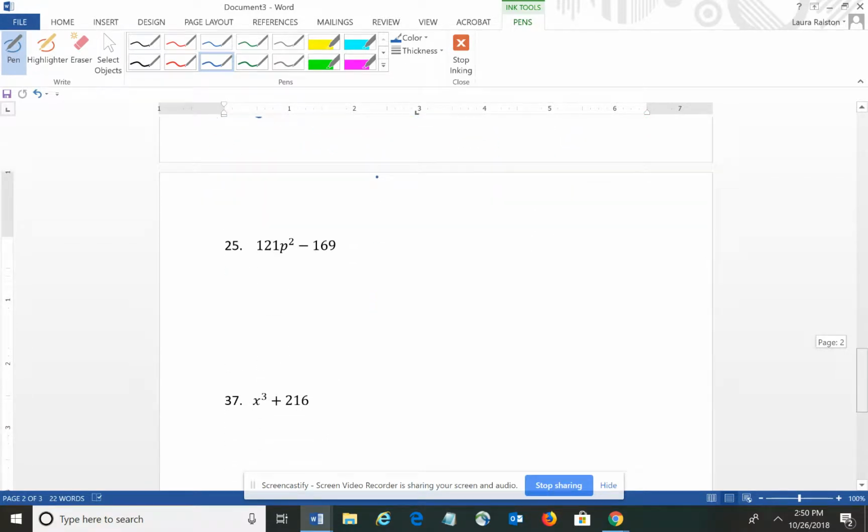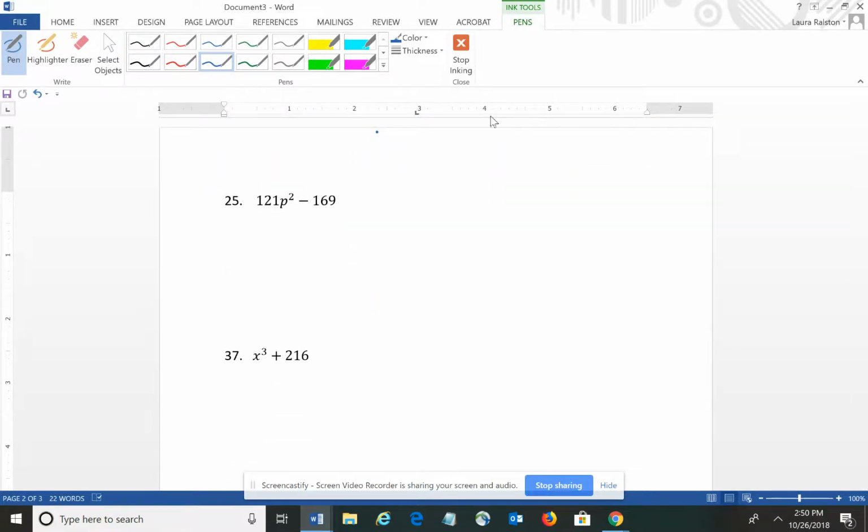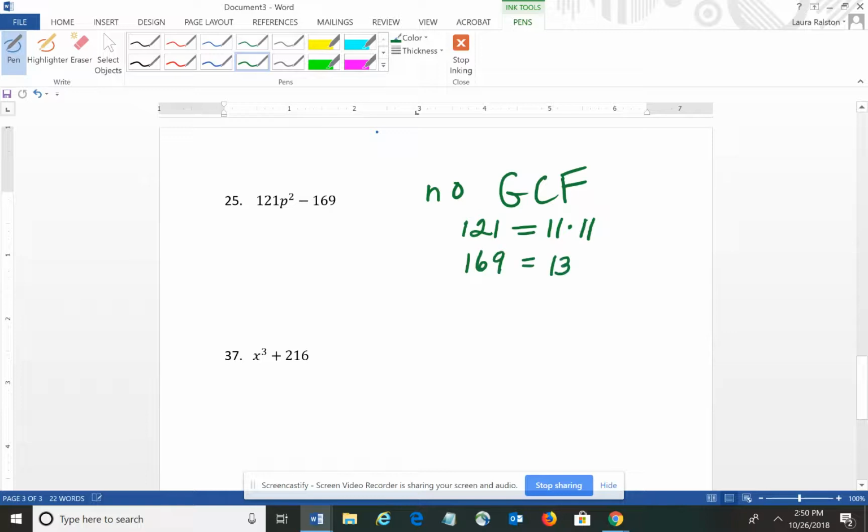All right, number 25. I don't think it has any numbers in common. It doesn't have any letters in common. So this particular one does not have a greatest common factor. I noticed the exponent of 2, which makes me think of a square. I have a minus sign between them. So I have to decide, is 121 a perfect square? You may not know, but 121 is 11 times 11, or 11 squared. 169 is 13 times 13.